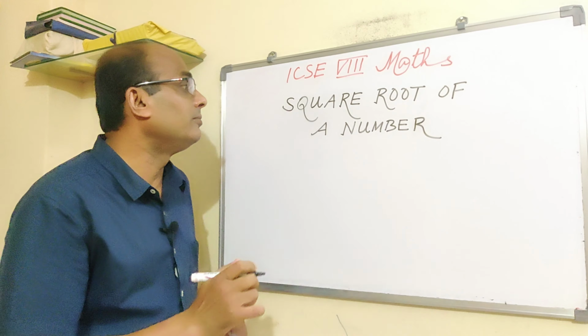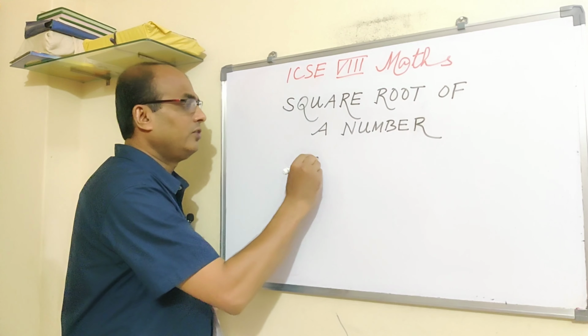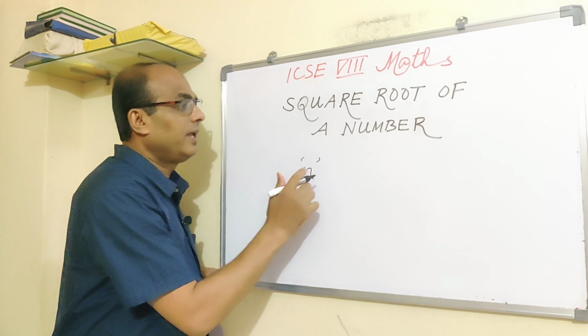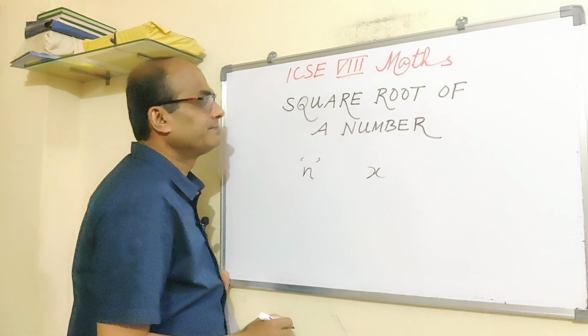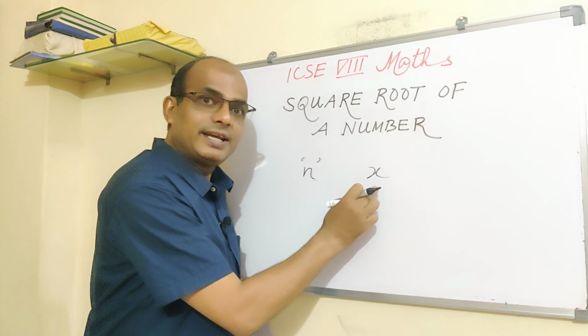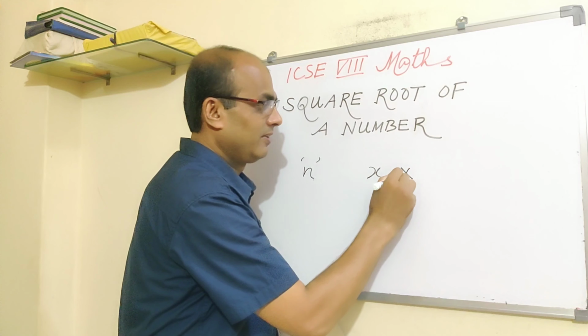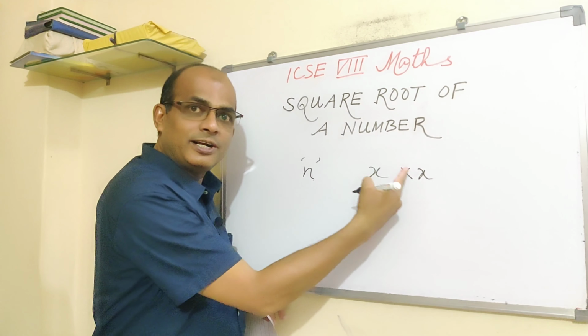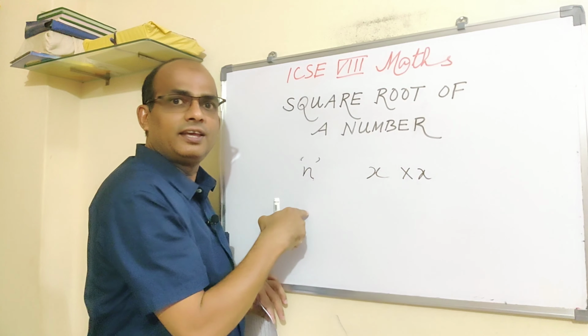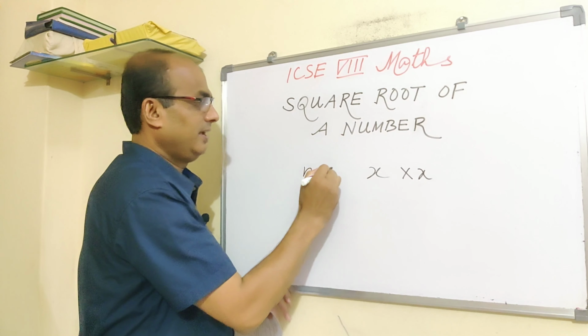Suppose we are taking a number n. The square root of a number n is the number x such that if x is multiplied by itself, it gives the number, that means n is equal to x into x.